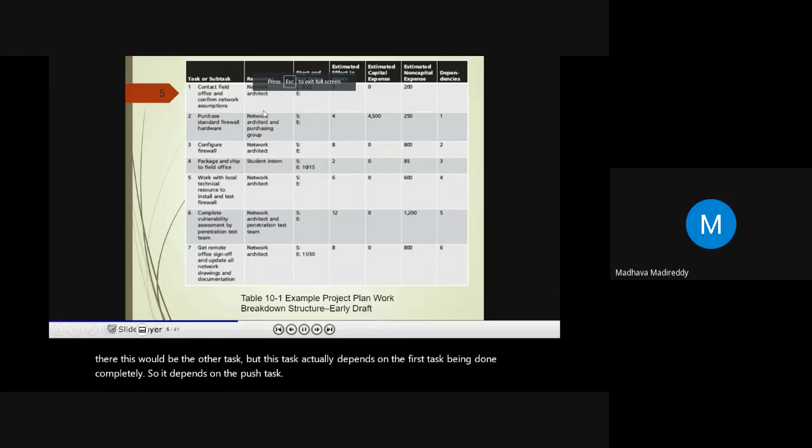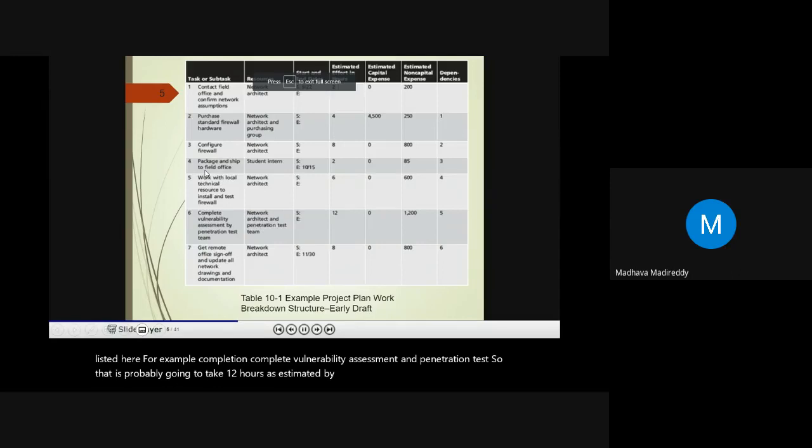The resources required for each of these subtasks are listed here, and the dates are listed here, and the estimated effort that is usually required could be listed here. For example, completing the vulnerability assessment and penetration test is probably going to take 12 hours as estimated by the action plan.